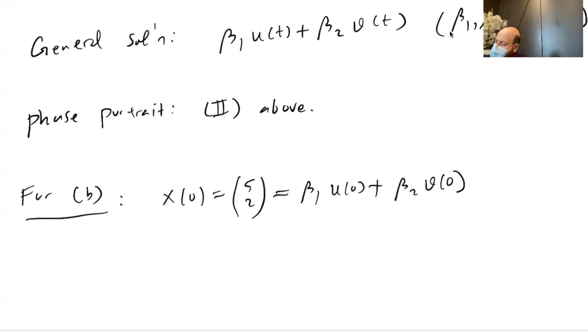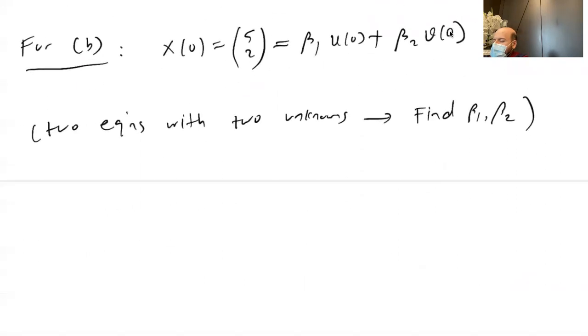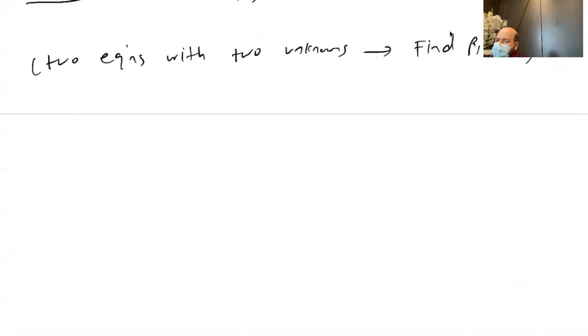And then this will give you two equations with two unknowns, and then you will find beta 1 and beta 2. Once you find beta 1 and beta 2, you can write the unique solution. The unique solution will be beta 1 u of t plus beta 2 v of t. All right, guys, so please complete the calculation as an exercise.